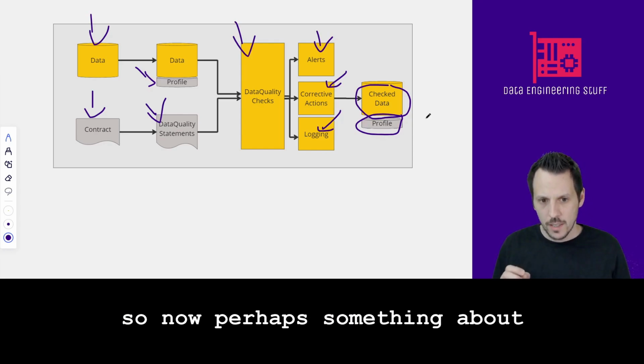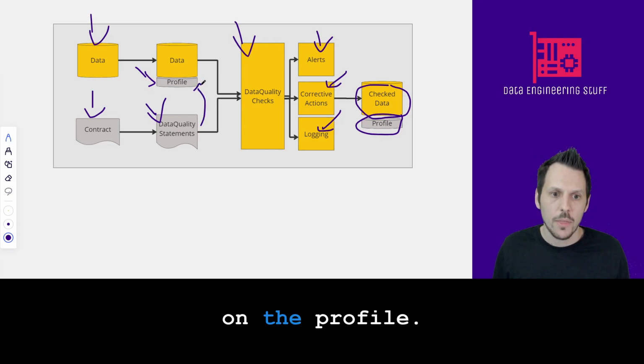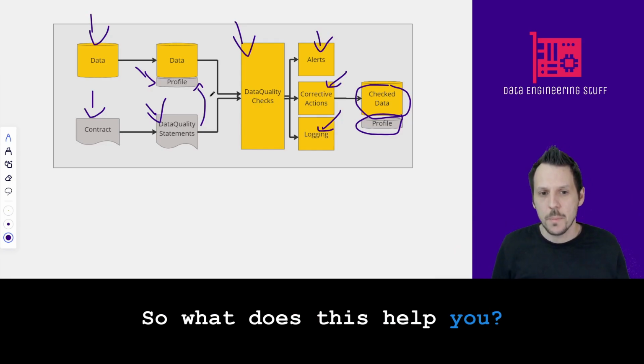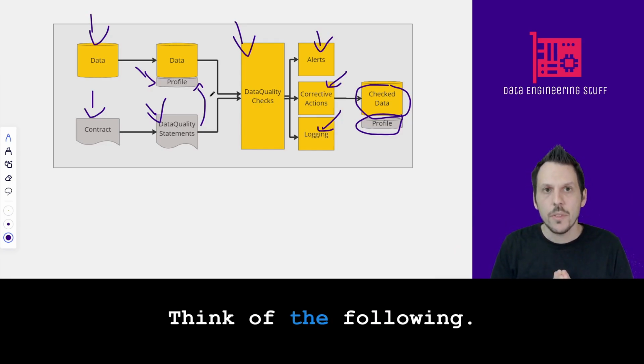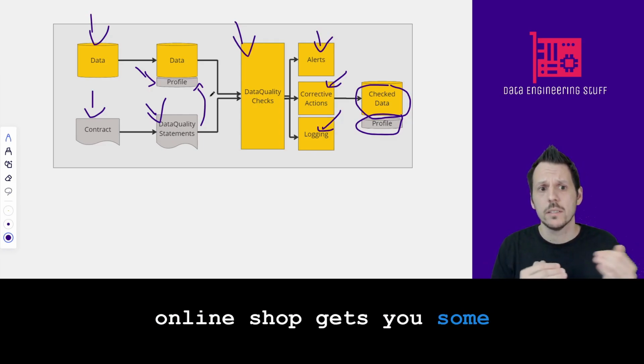Okay, so now perhaps something about this data quality check on the profile. So what does this help you? Think of the following. You have an online shop, and this online shop gets you some order information.